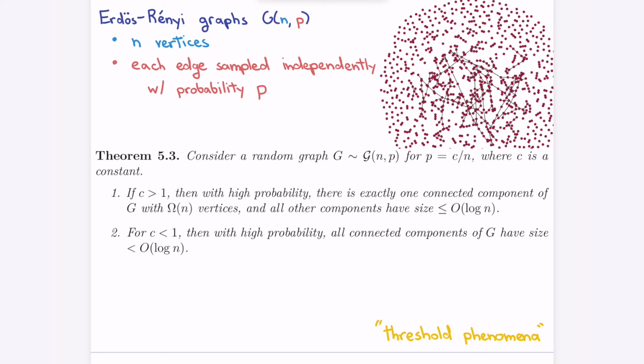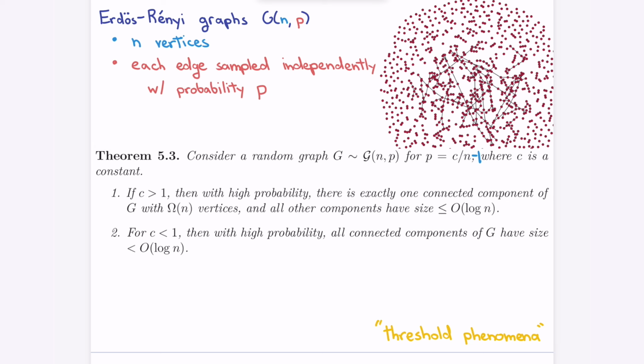If every edge gets sampled with probability c over n, maybe I should have written c over n minus 1 to make it a little cleaner, but c will be the average degree of every vertex. So if it's like 2 over n, then multiplied by roughly n neighbors, you should expect 2 neighbors.